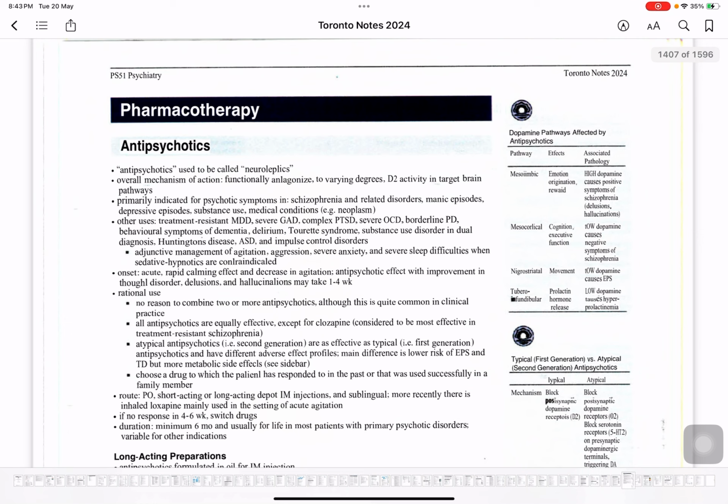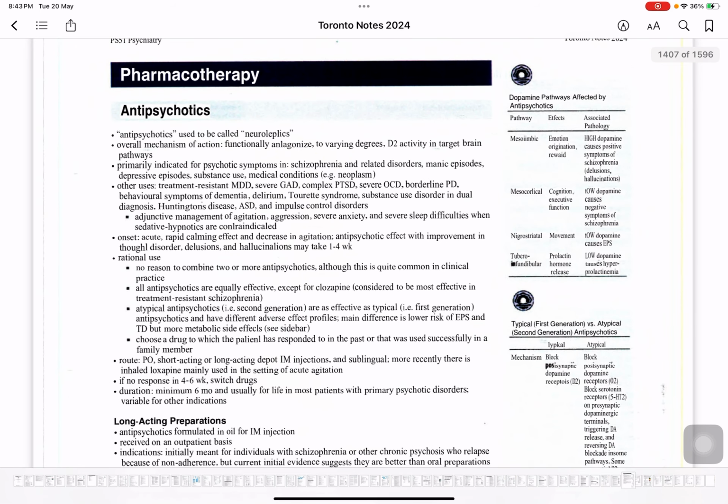Okay, so let's start. Antipsychotics used to be called neuroleptics. The overall mechanism of action is functionally analogous to varying degrees due to activity in target brain pathways. They are primarily indicated for psychotic symptoms like in schizophrenia-related disorders, manic episodes, depressive episodes, substance use, medical conditions like neoplasms, treatment-resistant MDD, severe generalized anxiety disorder, complex PTSD, severe OCD, borderline PD, behavioral symptoms of dementia, delirium, Tourette syndrome, substance use disorder in dual diagnosis, and conditions like Huntington's disease, ASD, and impulse control disorder.